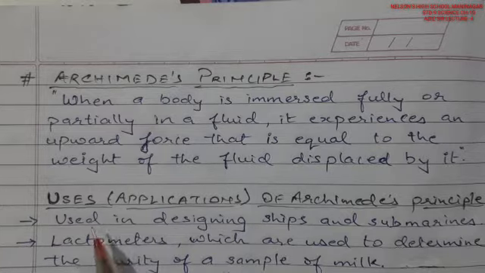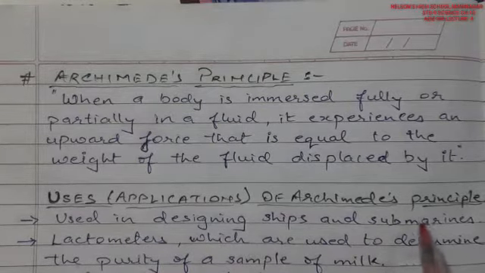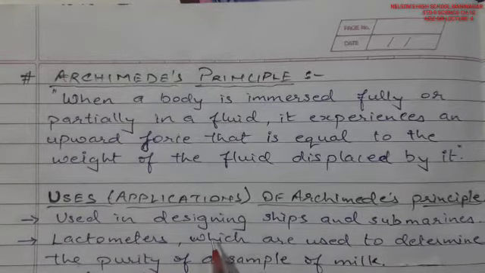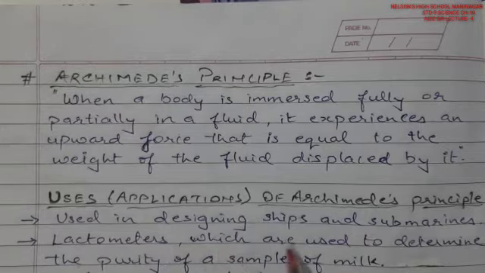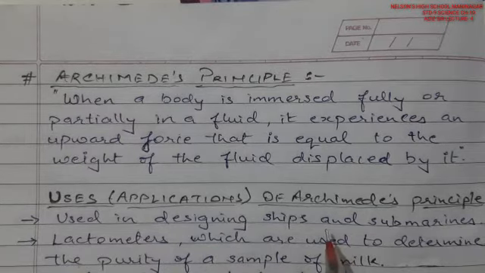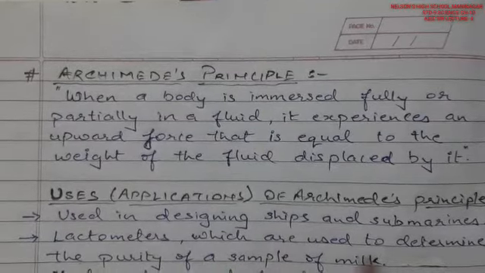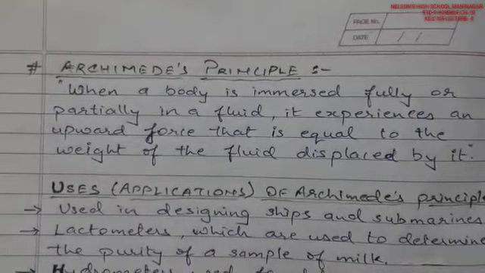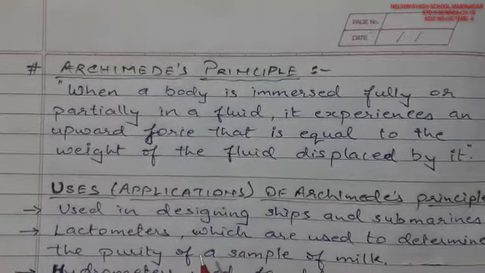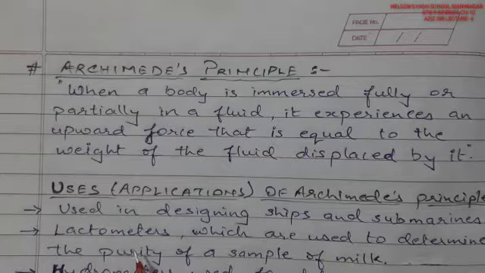Fine. Next are the uses, that is applications of the Archimedes principle. It is used in the designing of ships. That means the ships are designed in a manner that they do not sink, just because of the principle of Archimedes. Lactometers are used to determine the purity of a sample of milk. That is also on the basis of the application of Archimedes only.